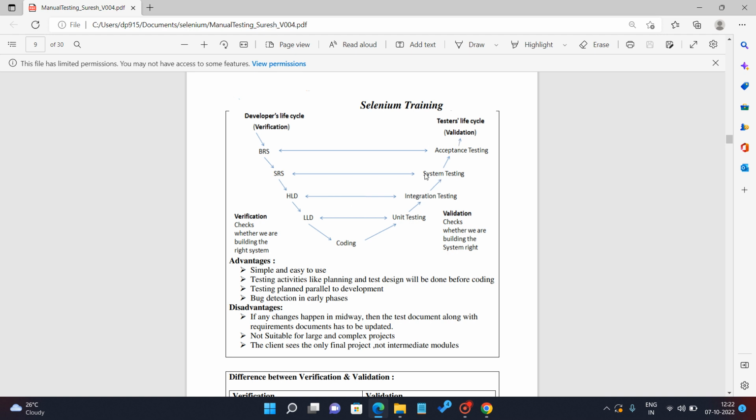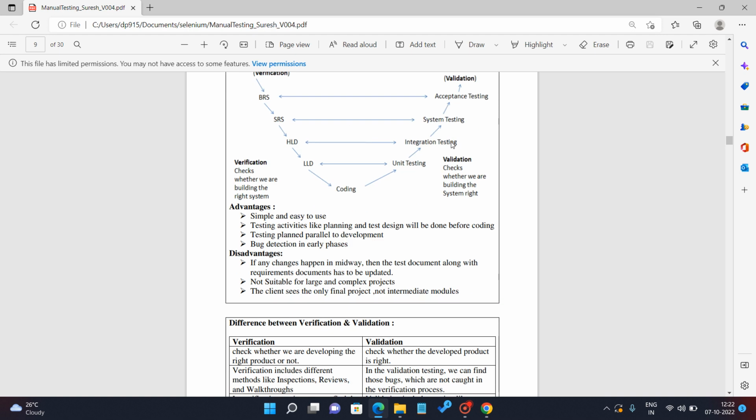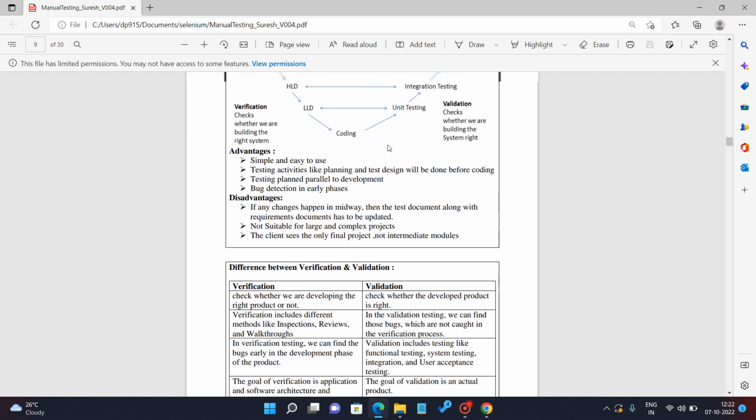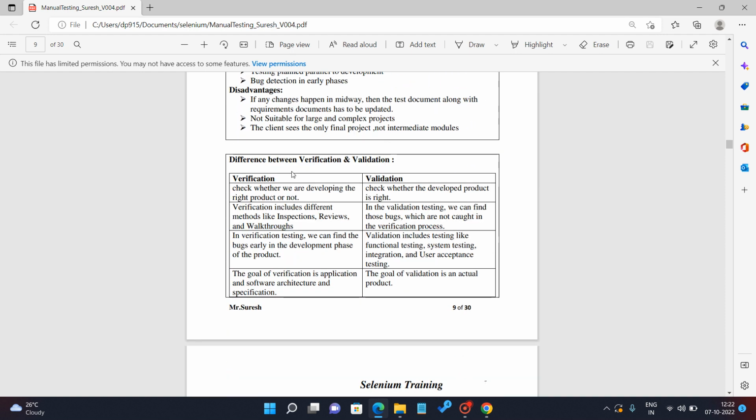This is the V shape, and the tester life cycle is validation. First of all, I will discuss the difference between verification and validation.